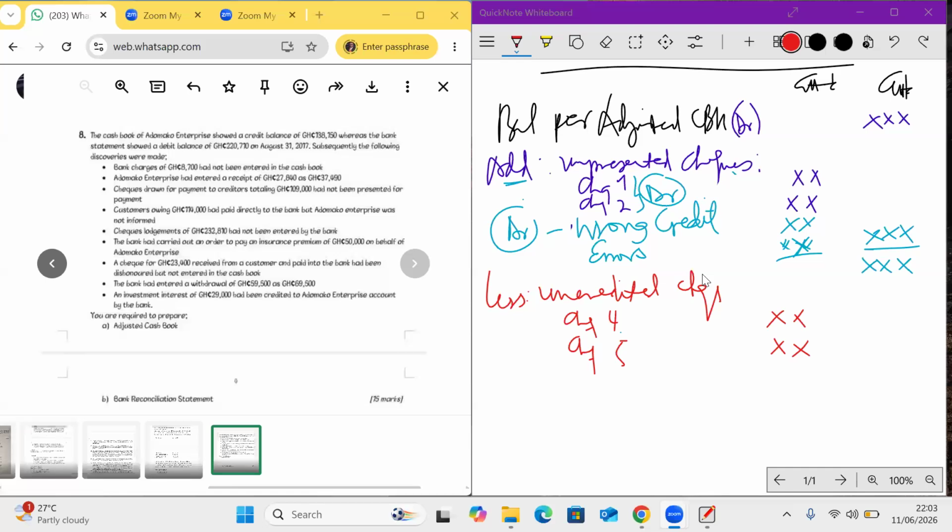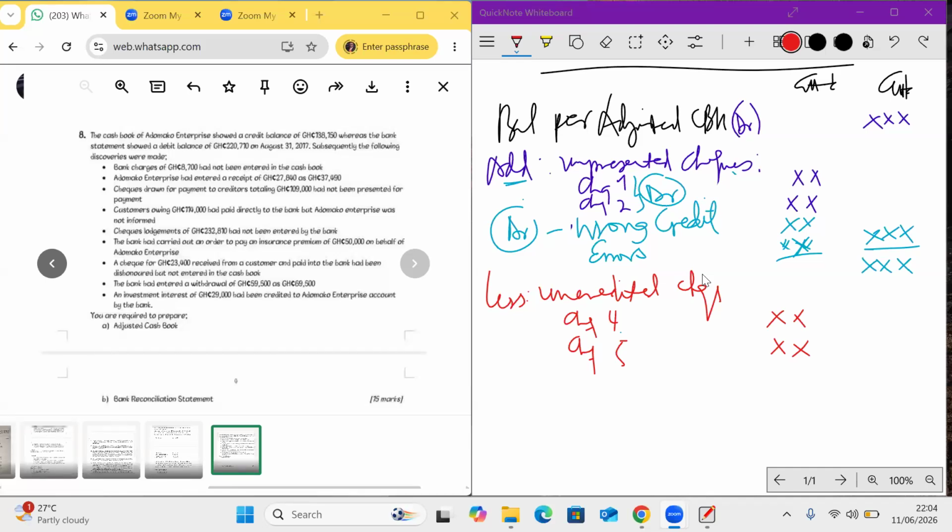For example, a supplier can make a check payment to the business for 500 cedis. And just like the unpresented checks, the business didn't submit or present the check to the bank within the period of reconciliation. If they request the bank statement, they will not see that figure on the credit side, because when a customer pays money to the business, that money is coming into the business account.